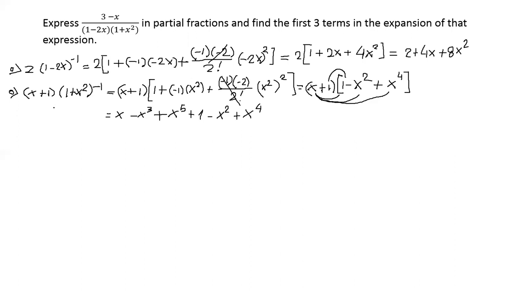Okay, so next, the three terms of the expansion of these expressions, I'm going to write once more. 3 minus x over (1 minus 2x)(1 plus x squared), the expansion, well, x to the power 5 first.